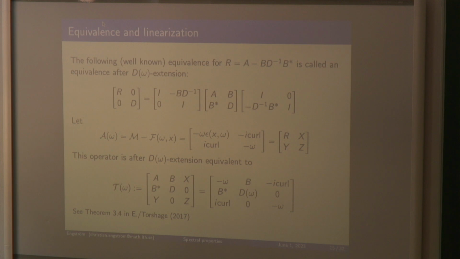I certainly hope so. Otherwise, we did something wrong. If this was just matrices, that would mean that R and D together have the same spectral properties as A, B, B star, D.